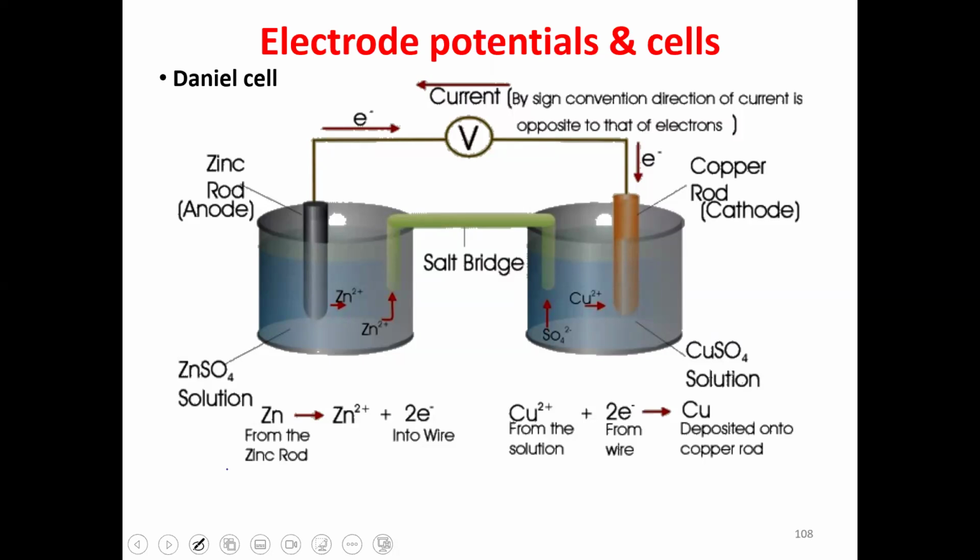But in this one, it's a metal electrode with a metal ion solution. So yes. And what's the other one? The second possible combination is a non-metal, involving a gas like chlorine.